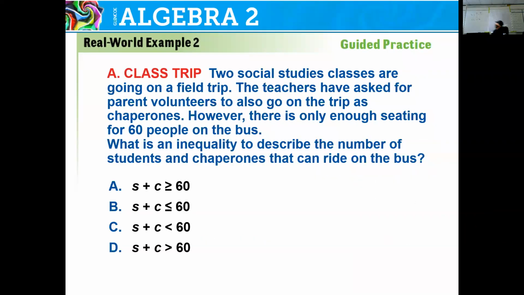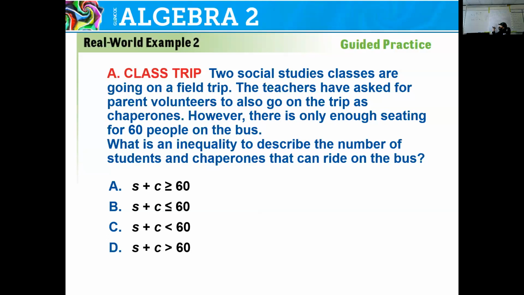Okay, last one. Class trip. Two social studies classes are going on a field trip. The teachers have asked for parent volunteers to also go on the trip as chaperones. However, there's only enough seating for 60 people on the bus. What is the inequality to describe the number of students and chaperones that can ride on the bus? S is students, C is chaperones.